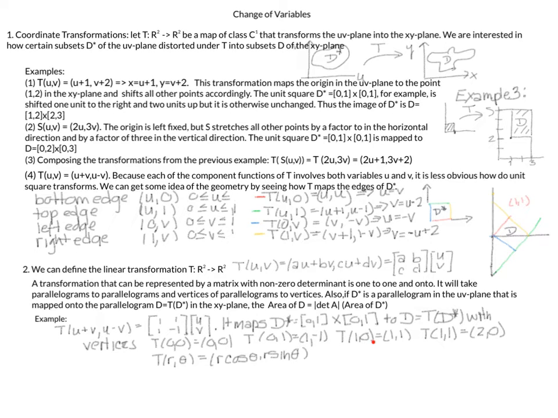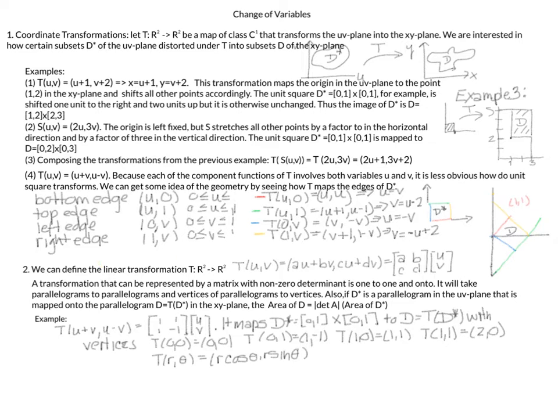And then 1, 0 gets mapped to 1, 1, and 1, 1 gets mapped to 2, 0. And then I have my 4 points, and I can just connect them together because I know that parallelograms get mapped to parallelograms.